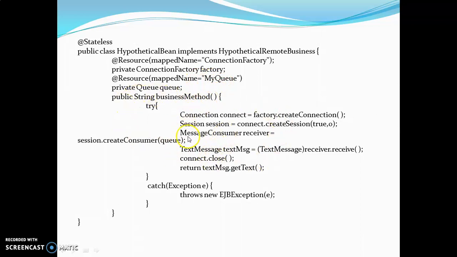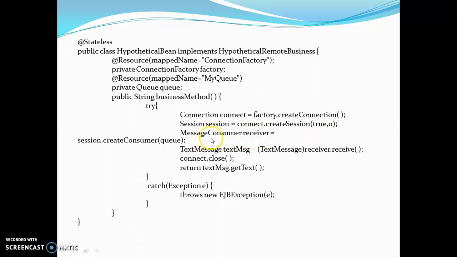Inside this business method also, we are trying to make use of a connection to connect to the enterprise Java bean application, and we are creating one small session for this, wherein we are setting the transacted flag to true and starting the message position from 0.